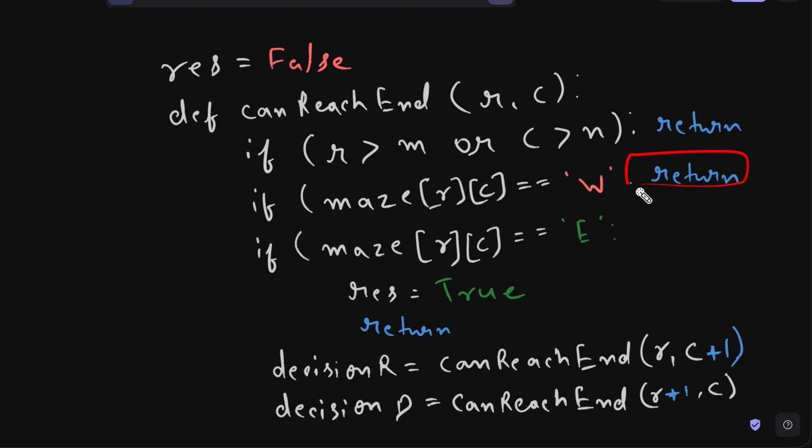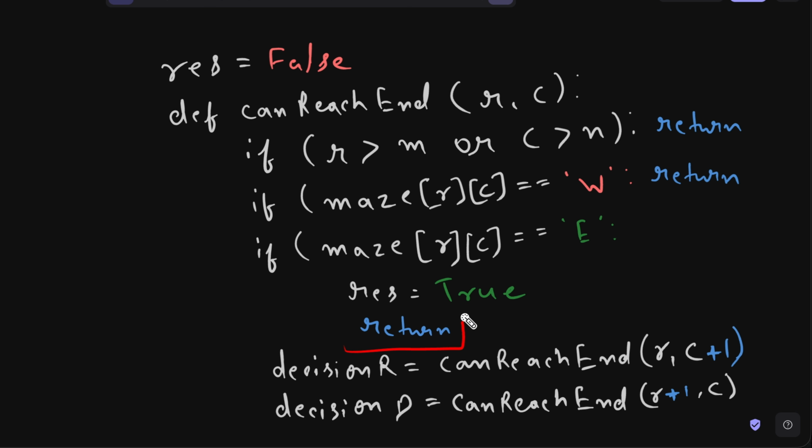We need to just return from here, right? Then here is another base condition in which we are saying that if we found the E on this particular row and column cell in the maze matrix, we can simply set the result to true and return from here. Simple as that. Here we actually got the result that we wanted, and that's why we are updating the result variable to true, so that we will simply return the result variable as true as the answer.